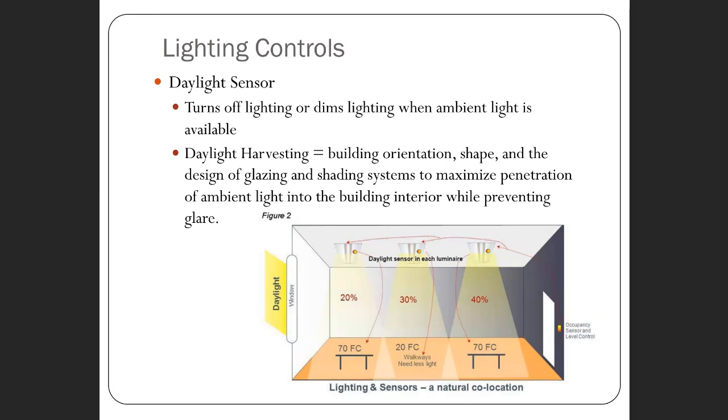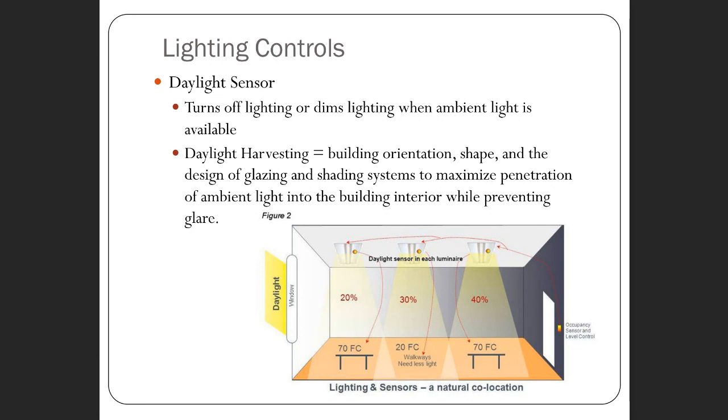So this would be done in conjunction, hopefully, with other design elements to produce what's called a daylight harvesting system. The orientation of the building, the location of the windows, all work together such that we can have natural light providing some of the illumination instead of it coming from artificial light sources.